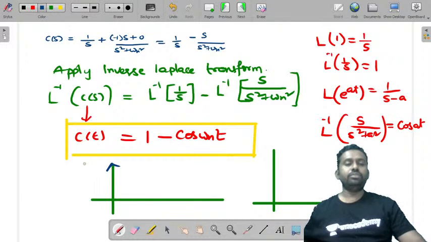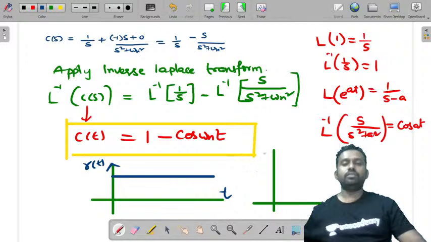Let's say this is the input R of t or R of s, which is the step input. This is t, and C of t would be 1 minus cosine, a waveform something like this.